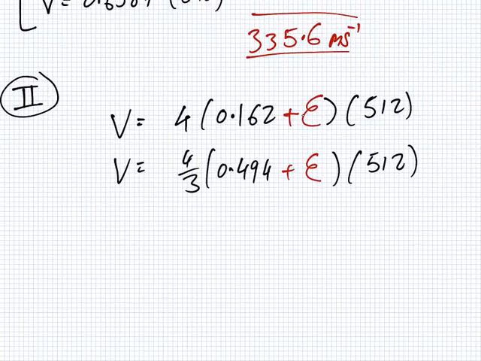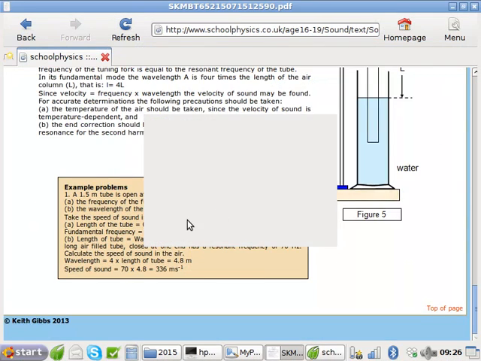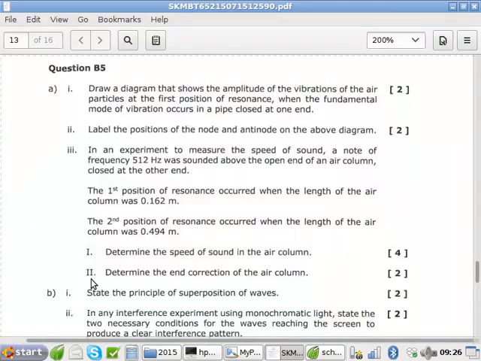Should we write this in Excel? Oh yes, it's this part here, part 2.